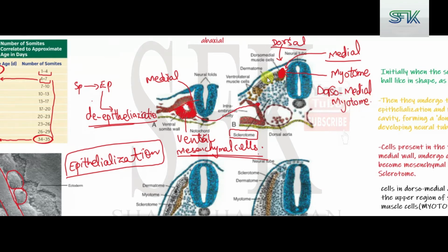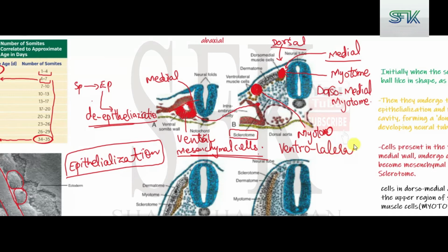Similarly, on the other extreme end of the structure, which is relatively closer to the ventral end over here, and also closer to this lateral plate mesoderm, this red region represents the lateral plate mesoderm. This end is also going to form myotome, but this time it's not the dorsomedial myotome, rather it's called the ventrolateral myotome.